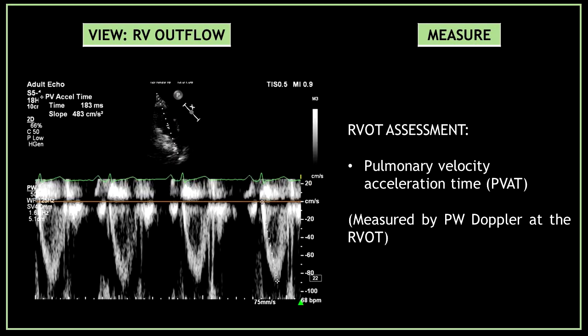Now, if you want to and if you need to, you can assess the right ventricular outflow tract in this view. Using pulse wave Doppler at the right ventricular outflow tract, you can measure the pulmonary velocity acceleration time.